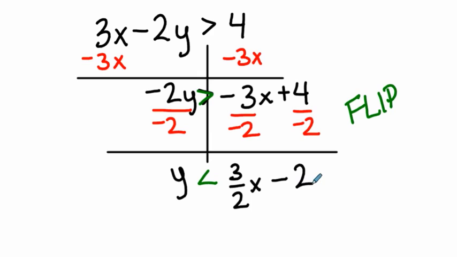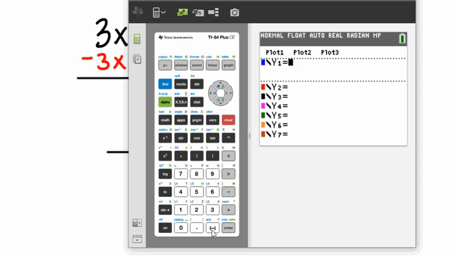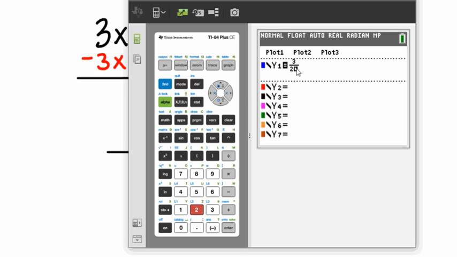And this is the information we will input into our calculator. Again, reopening a fraction, alpha, y equals, enter, and we're typing in 3 over 2, remember to arrow out, x minus 2.